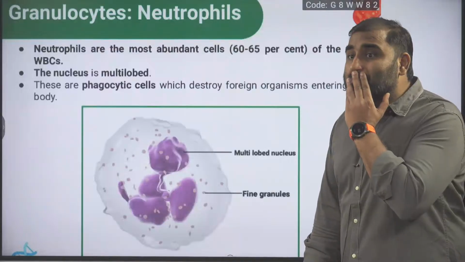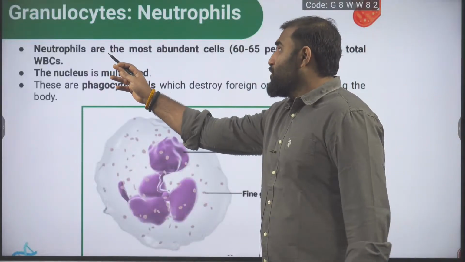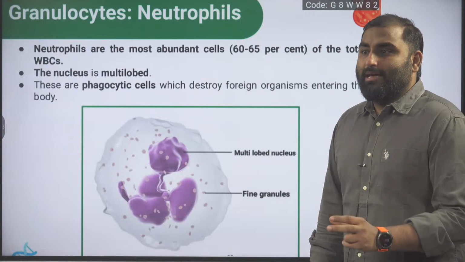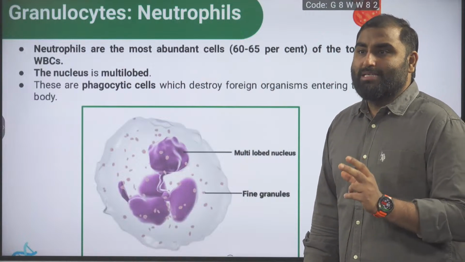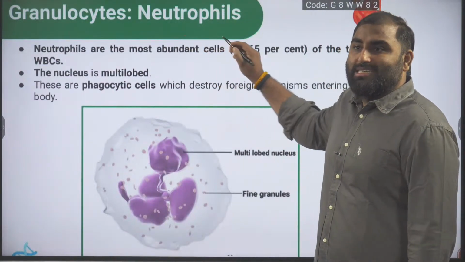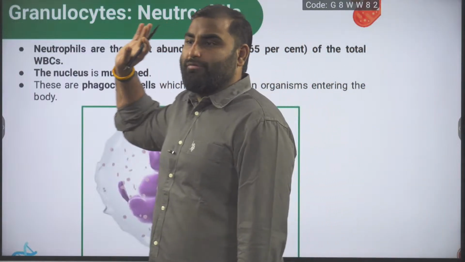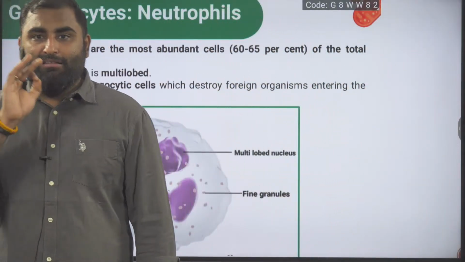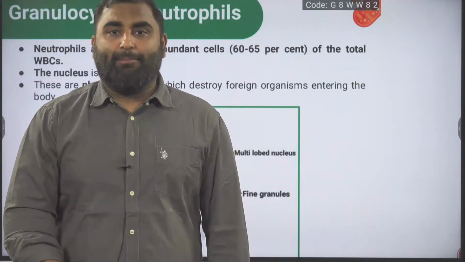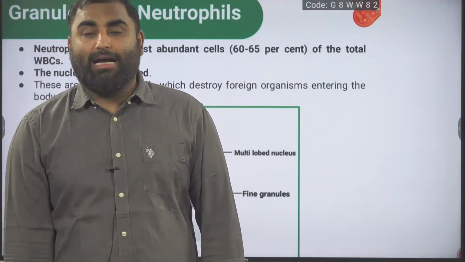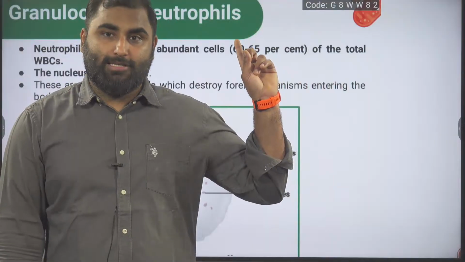Pay attention. Neutrophils are the most abundant of all the WBCs. 60 to 65% of total WBC is neutrophils. So wherever any infection or injury happens, the first one to report at that site will be neutrophils.